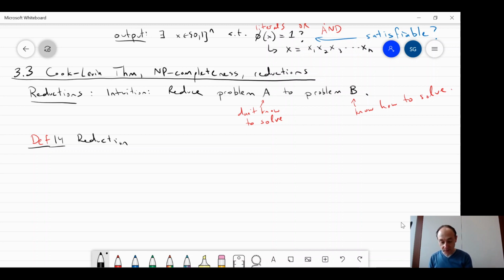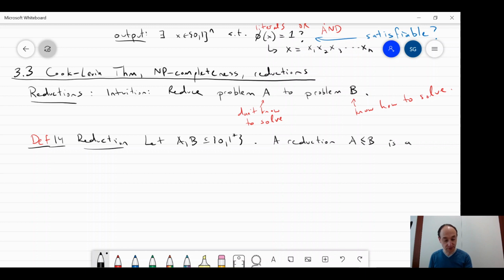Okay, so what is a reduction? So we'll say, imagine I have two languages, A and B. We'll say that a reduction, and I'll write a subscript B, so we're reducing A to B here. So a reduction from A to B is what?